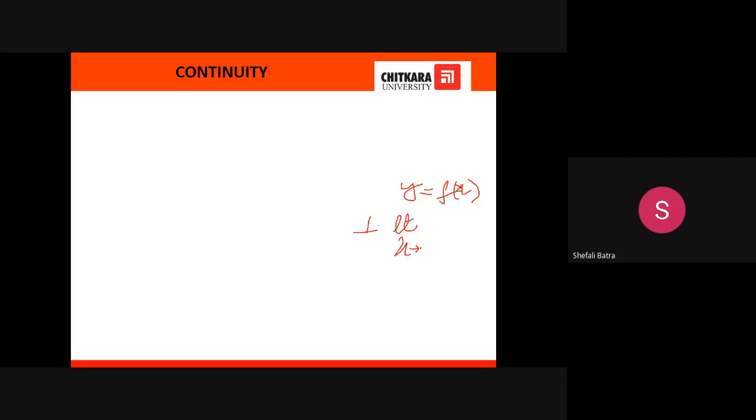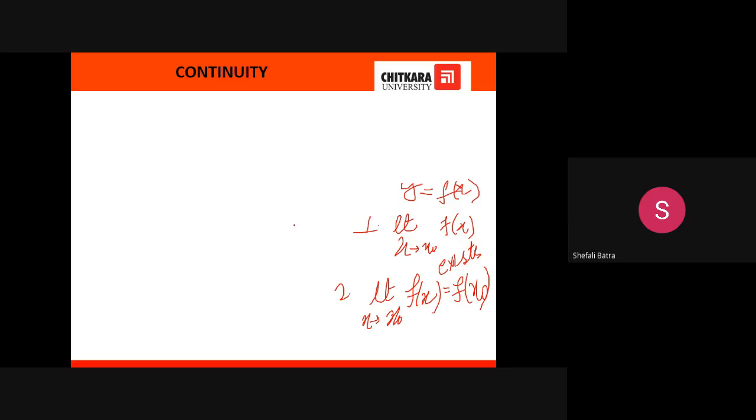Limit x approaches x naught of f of x. This limit must exist. Right? That means left hand limit should be equal to right hand limit. If it is so, it means the limit exists. Second thing, this limit as x approaches x naught of f of x, whatever value you are getting for this limit, that is equal to f of x naught.